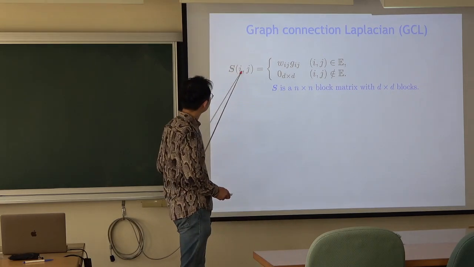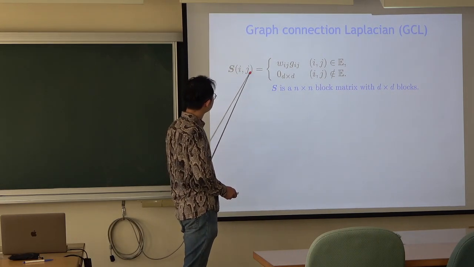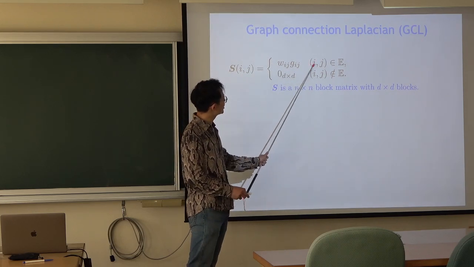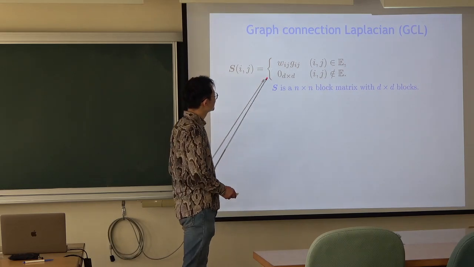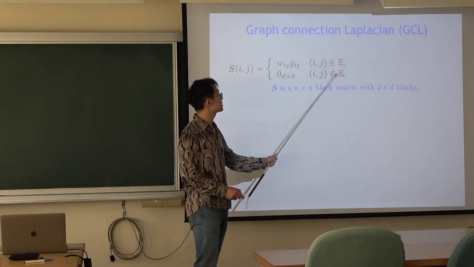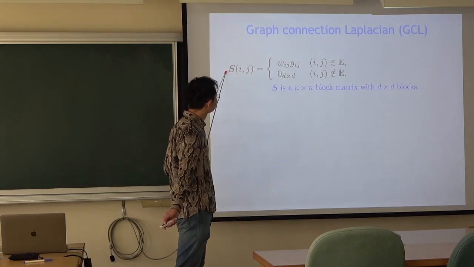For the ij block, we put Wij times Gij when ij is in E, or we just put a zero matrix of size d by d if ij is not in E. That is how we construct the S matrix.